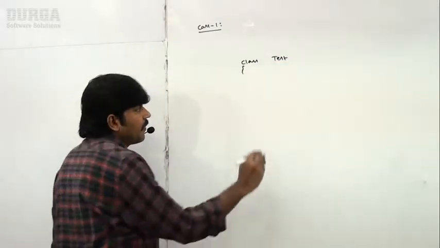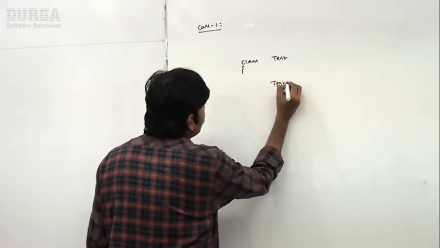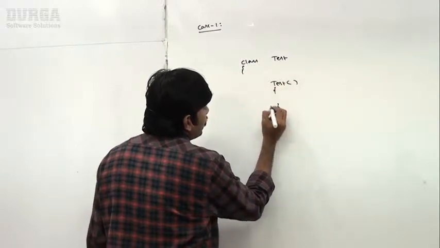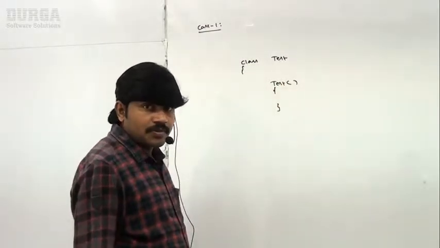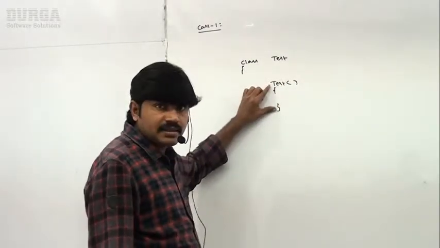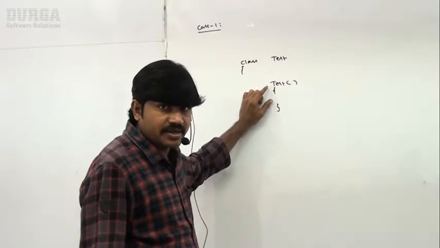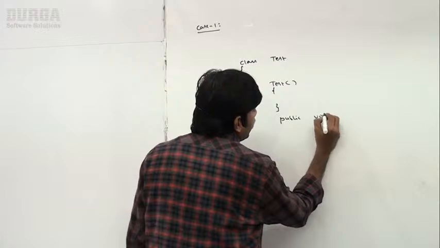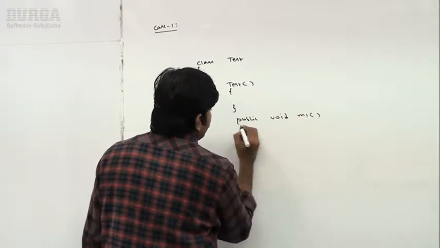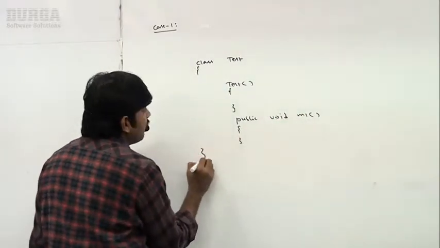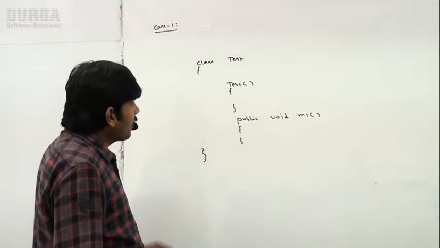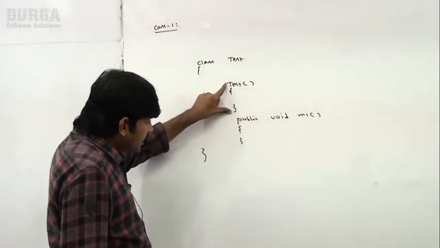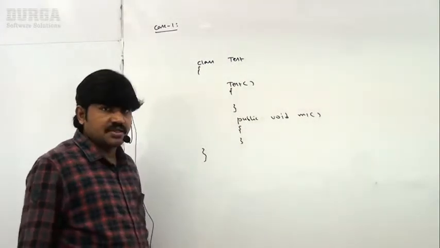Next, Test() - what is this syntax? Constructor. Okay. Next, public void m1. Here, a Test constructor and a method are there.